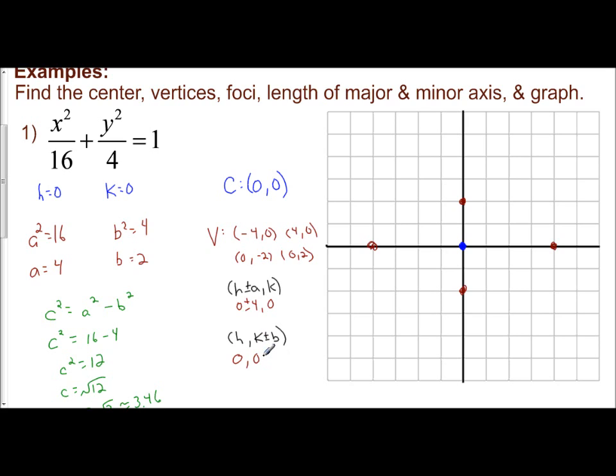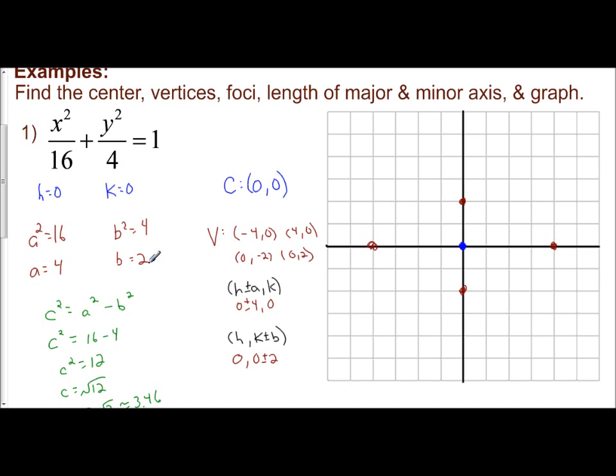Your k is 0 plus or minus your b, which was 2. 0 plus 2 is 2. 0 minus 2 is negative 2. So 0, 2, and 0, negative 2. So you notice I could find my vertices very easily without using the formula by learning the concept that the distance from your center to the vertices on the horizontal is a, and the distance from the center to the vertices on the vertical is b.